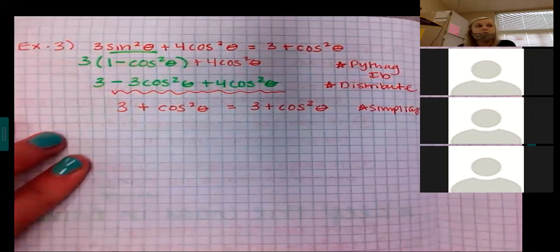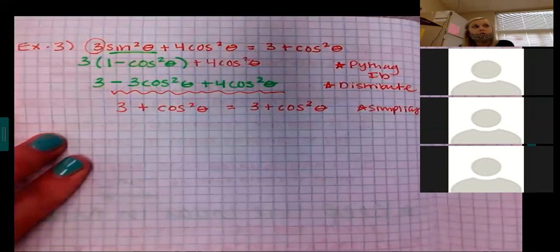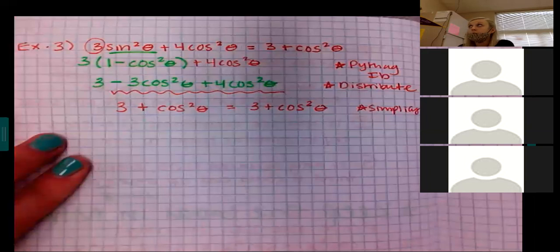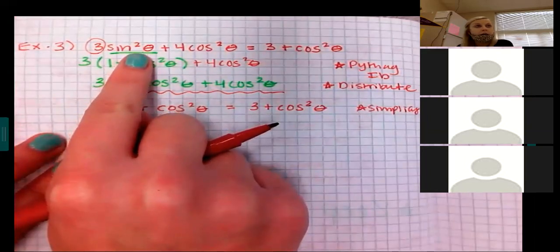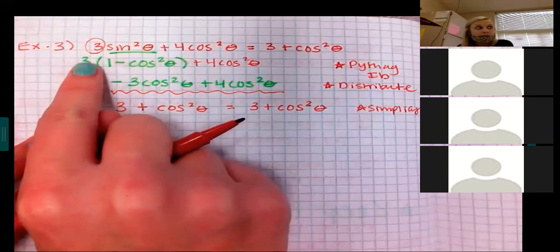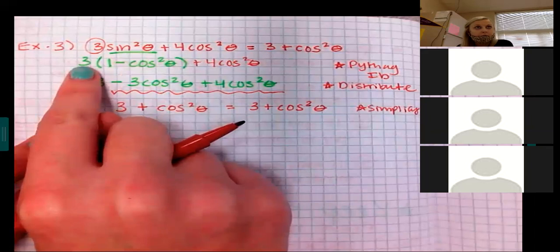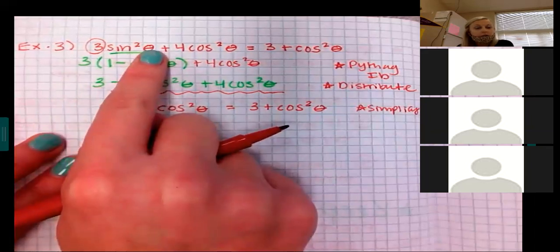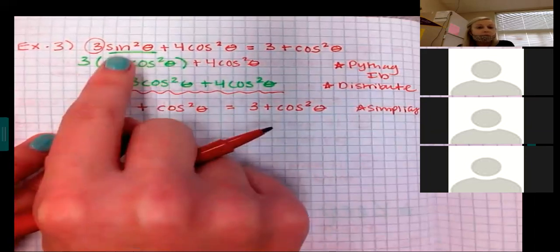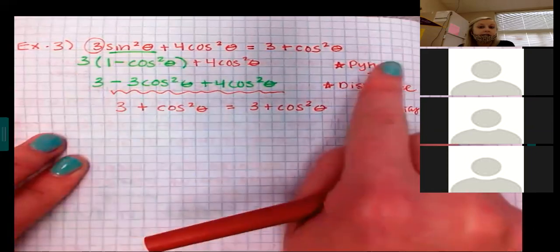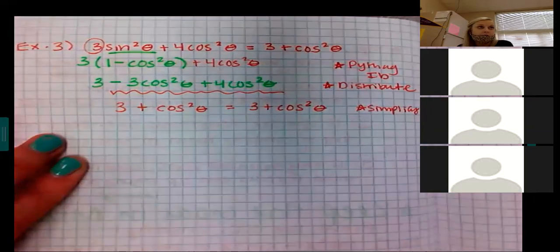There's a 3 right here. I'm not rewriting 3 sine squared. Does your Pythagorean identity have a 3 in it? No. So we're not messing with the 3. Bring the 3 down. Sine squared theta in your Pythagorean identity equals 1 minus cosine squared. So I'm just putting that in instead of sine because all I see over here are cosines.